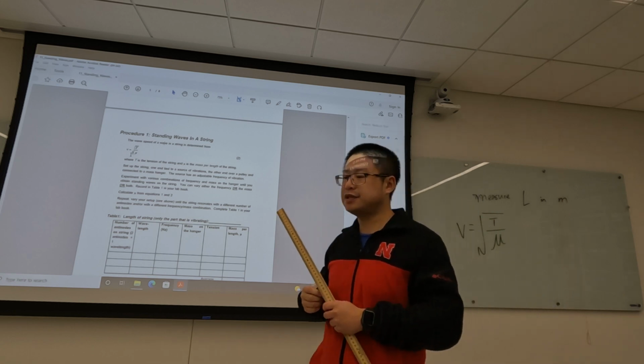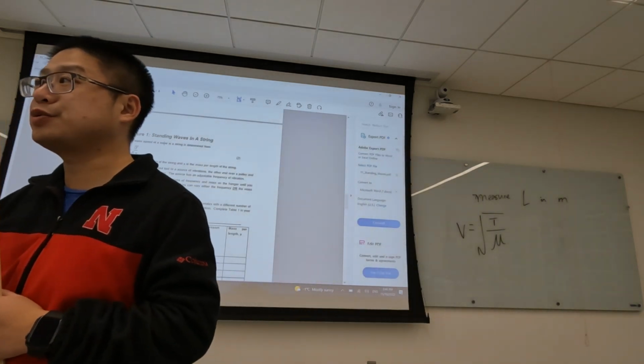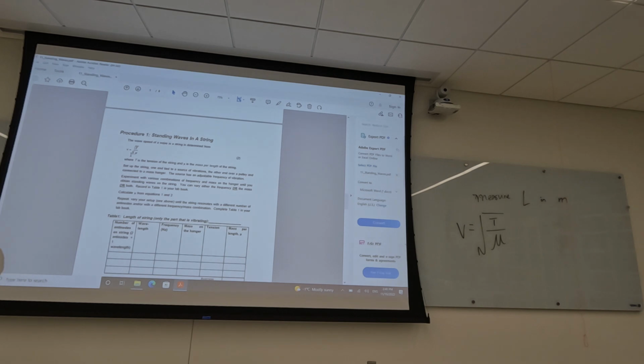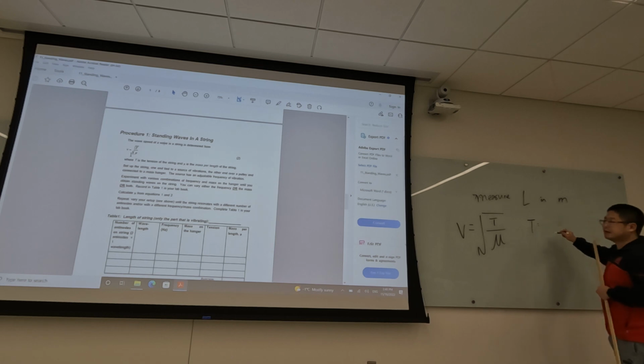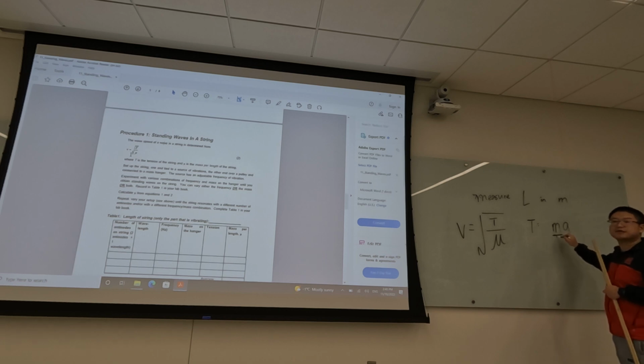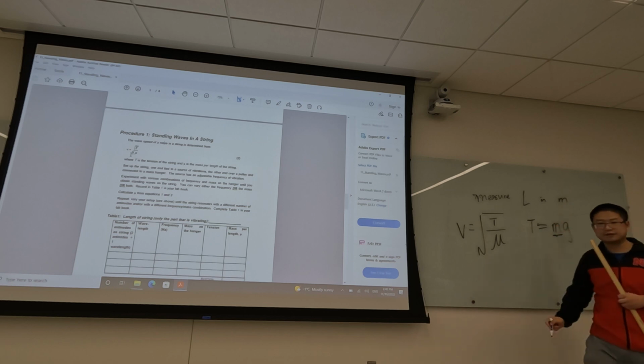What is T? T is the tension of the string. How can we find the value of T? It depends on the mass. You can calculate T based on your mass, but remember to convert the grams into kilograms and then multiply by 9.8 to get the tension.